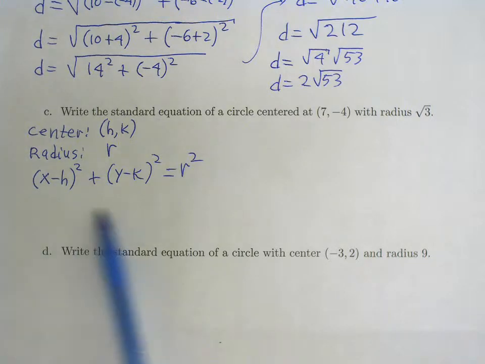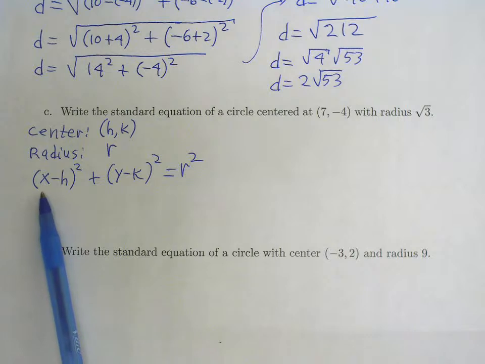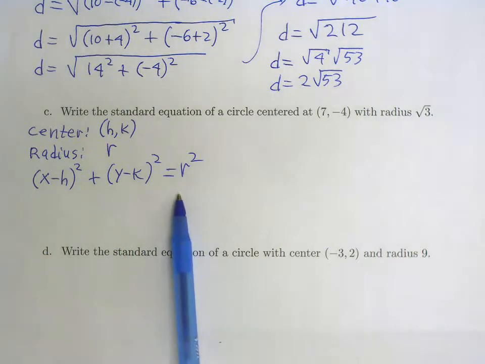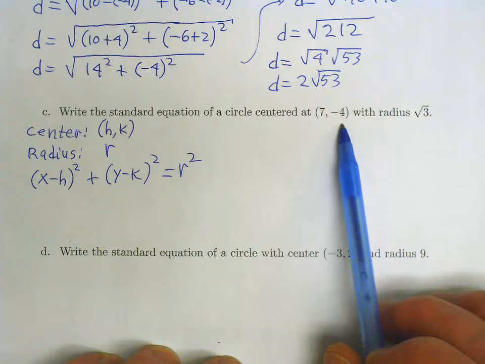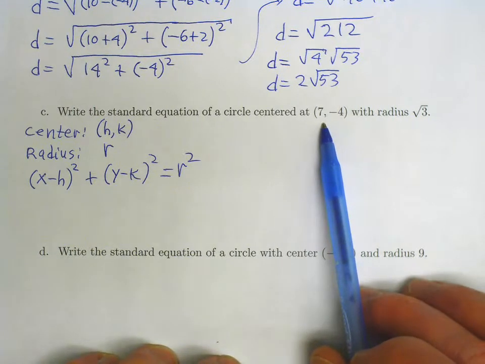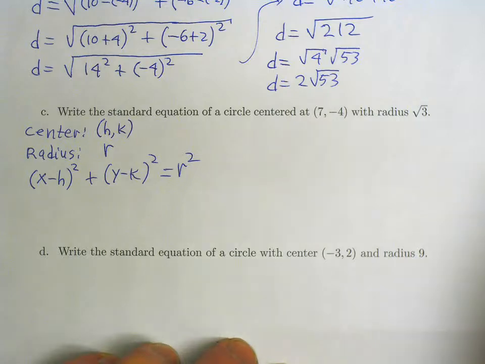So if you remember, this standard equation of a circle is just the Pythagorean theorem applied to a right triangle. Okay, so for this circle, if the center is the ordered pair 7, negative 4, and the radius is the square root of 3, then we can write down the standard equation for that circle.